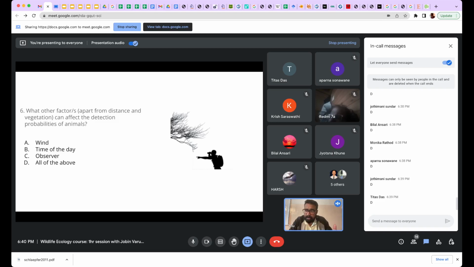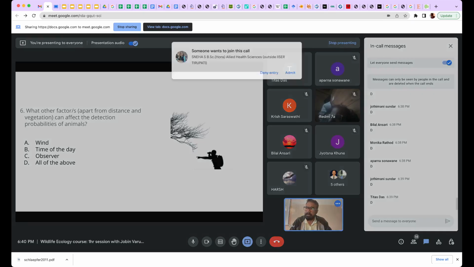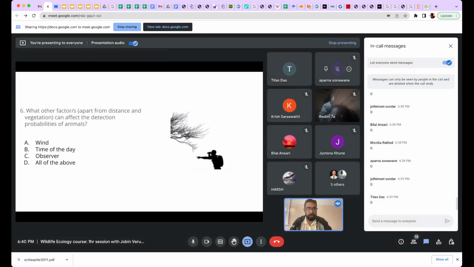Elephants are said to be present in an area if you find elephant dung in a forest, right? Similarly, deer leave behind pellets. So you'll say, okay, there's a presence of sambar deer, or a presence of barking deer.